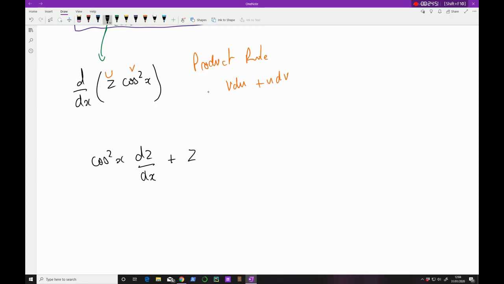So dv is, you differentiate this using chain rule. So that is going to be 2, then on the inside, 2 sine x cos x.